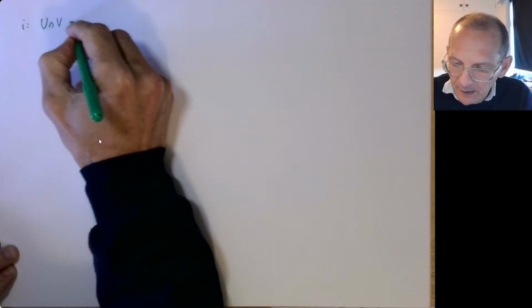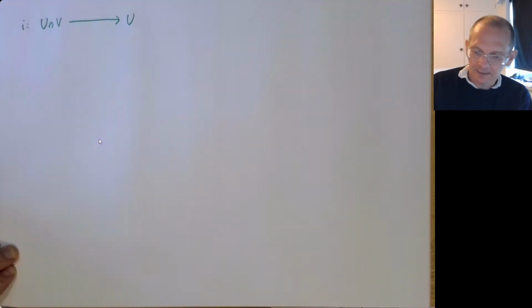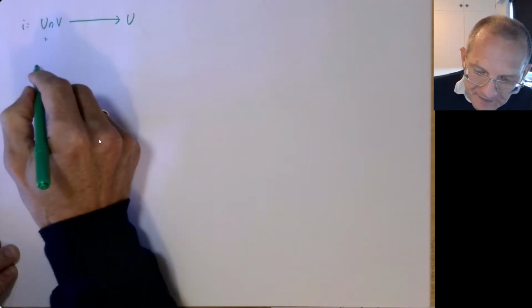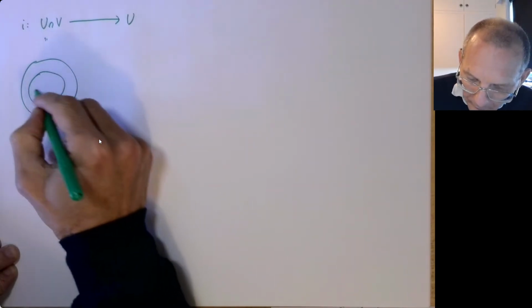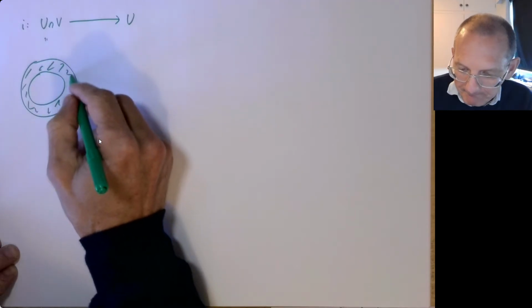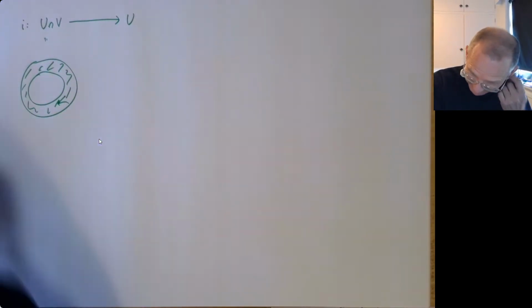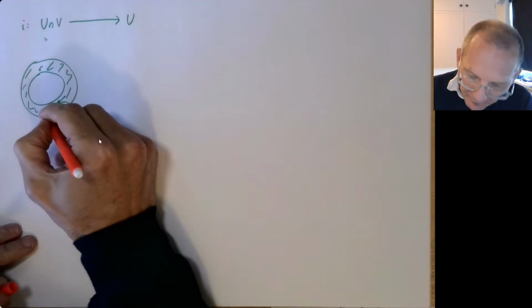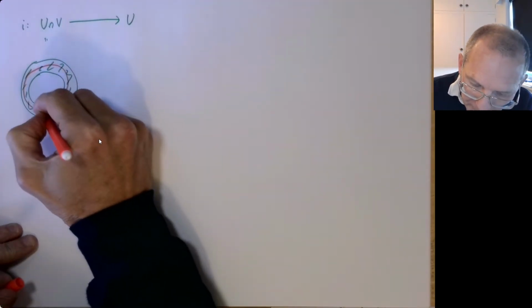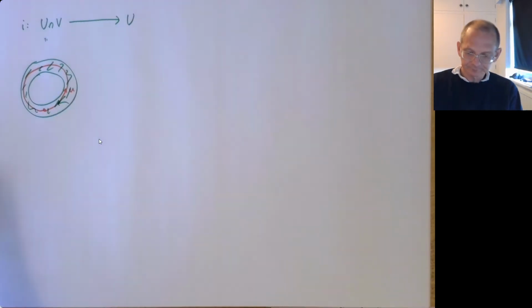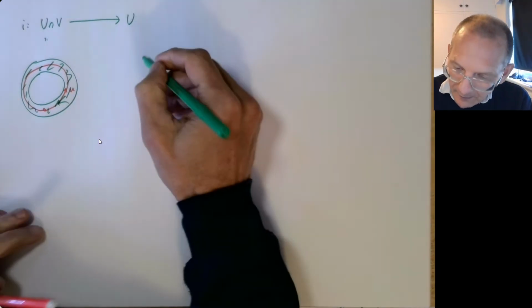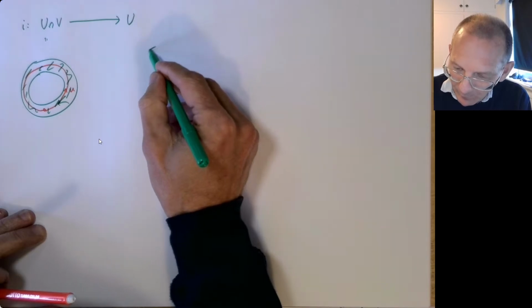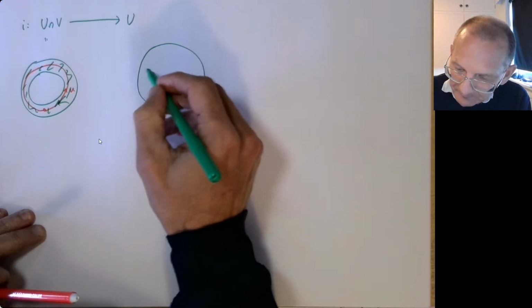Okay, so the key point of that again is that we've got this inclusion from U intersect V going to U. Okay, and U intersect V, remember, was this annulus here, and we've got a loop U which goes once around here, and then our U intersect V was a slightly bigger thing.